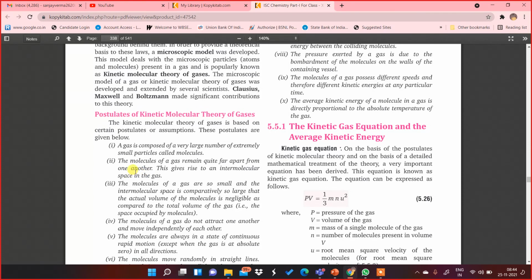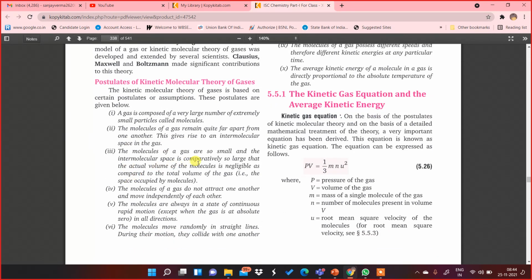A gas is generally composed of a large number of extremely small particles called molecules. The molecules of a gas remain quite far apart from one another. This gives rise to an intermolecular space in the gas. The molecules of a gas are so small and the intermolecular space is comparatively so large that the actual volume of the molecules is negligible, very small, as compared to the total volume of the gas.